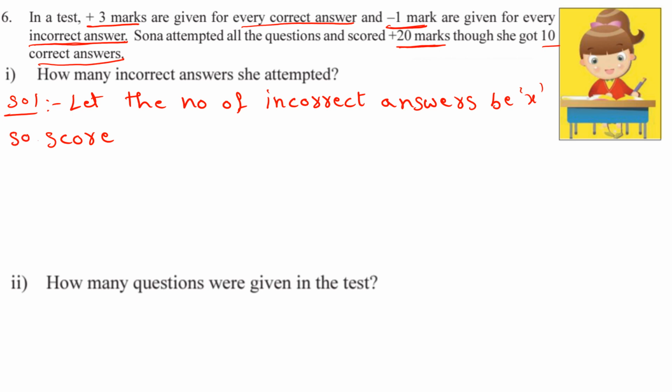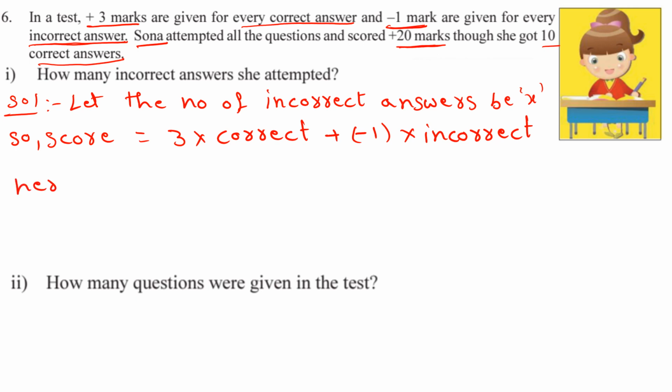The score is 3 marks for every correct answer, and minus 1 deducted for every incorrect answer. They have given her score: Sona attempted, and her score equals 20 marks.